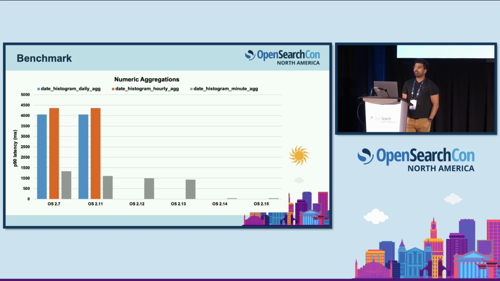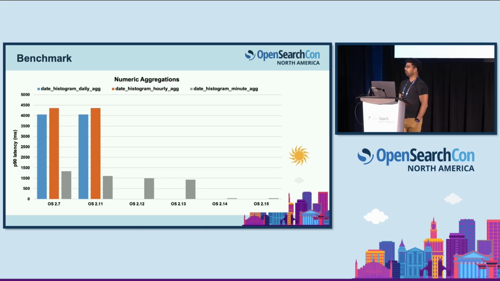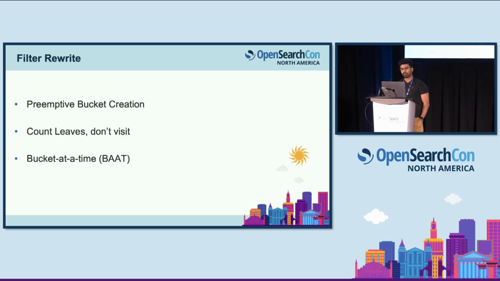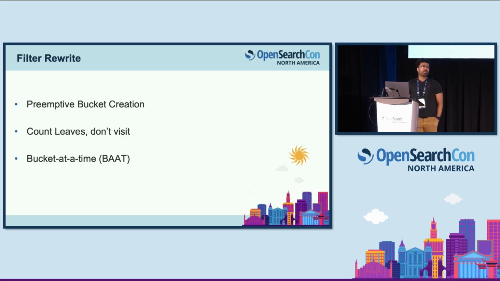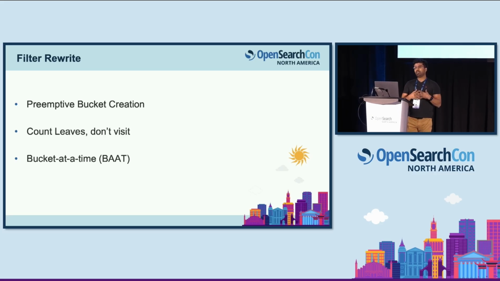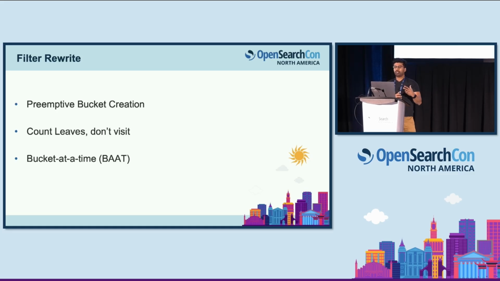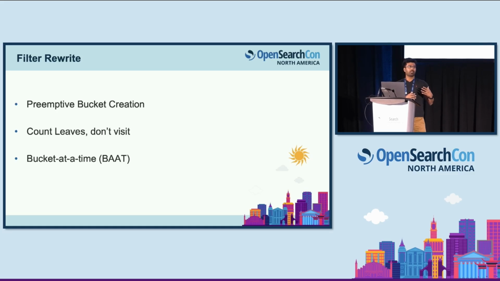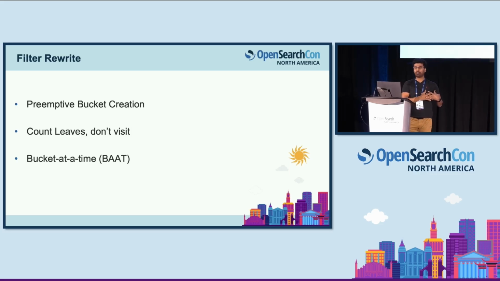Now we need to understand why this gray bar, the one for minutely aggregation, behaves a bit differently. To understand that, we need to see what exactly we just did. So we created the buckets in advance for the date histogram collection.